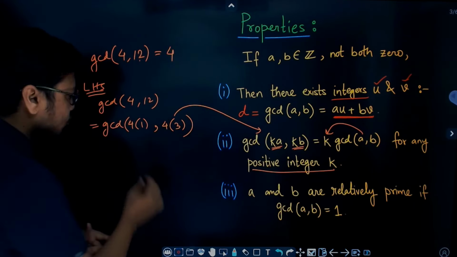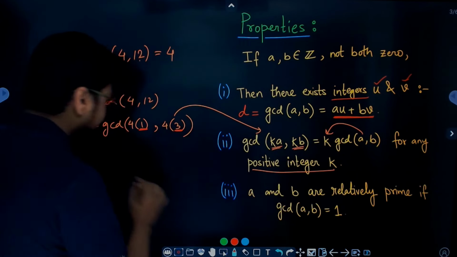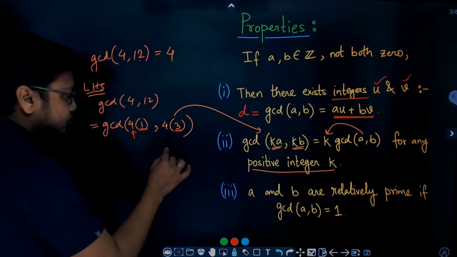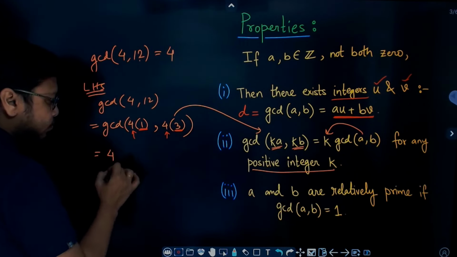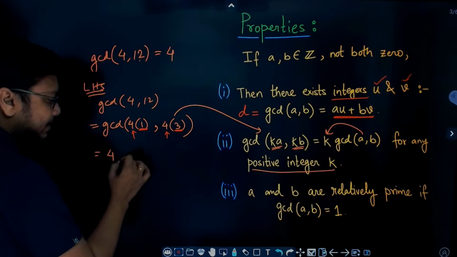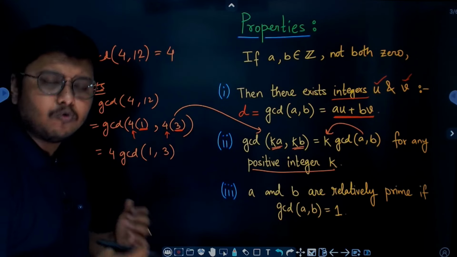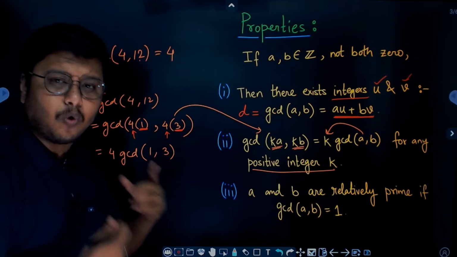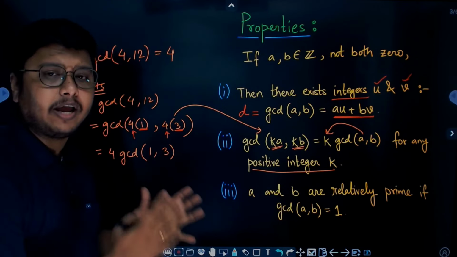So the property is saying I can bring the k completely outside. My k is 4. So if I bring the k value completely outside, I'll be remaining with GCD of 1 and 3. Now 1 and 3 don't have any common factor, meaning 1 is always a common factor for any two integers.